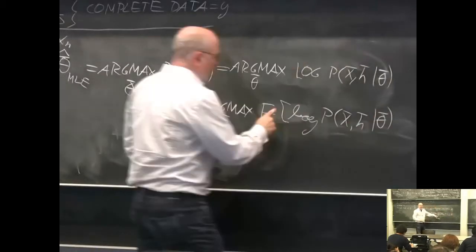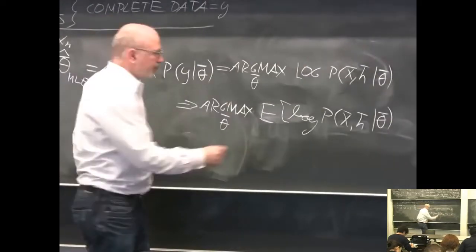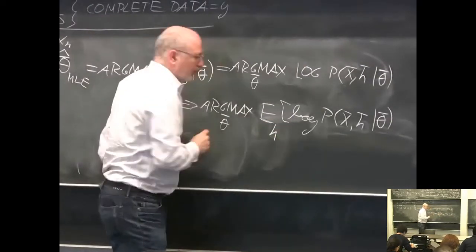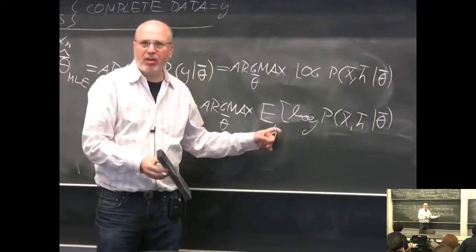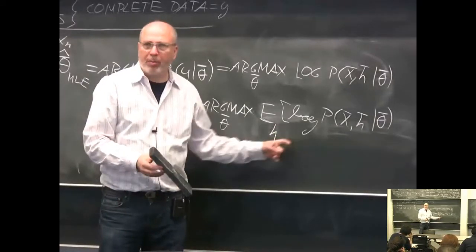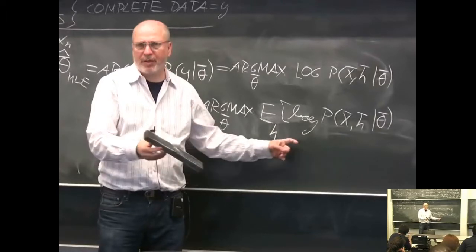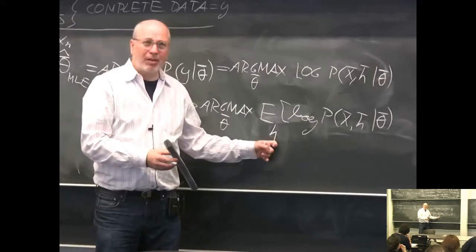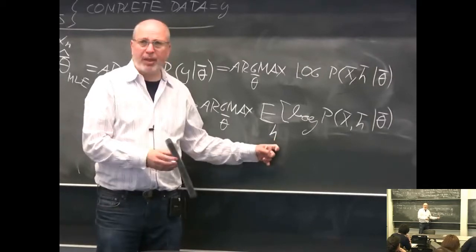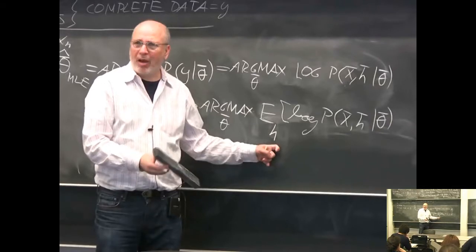Expectation with regard to h. Namely, expectation is in the form of integration or summation. You integrate over all possible values of h. If it's a discrete set of values, it's a sum. But the expectation is not just a straight sum. It's a sum weighted by how likely each one is.